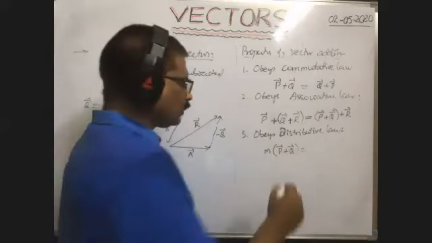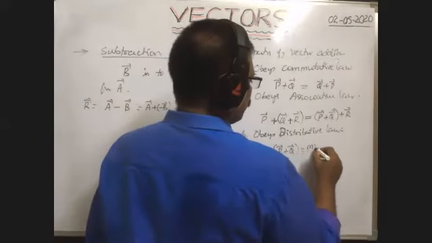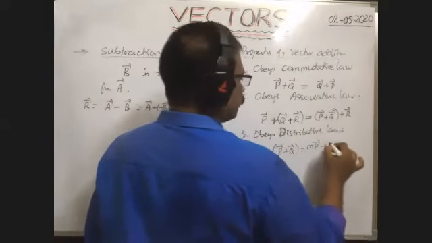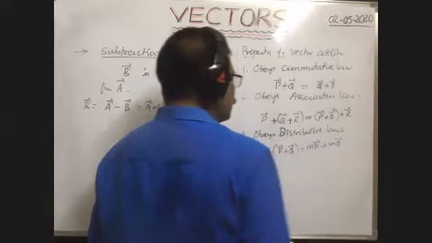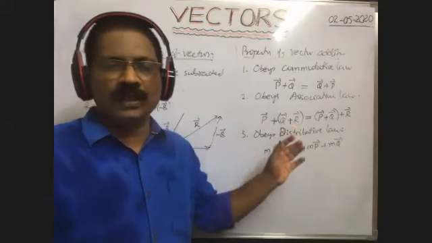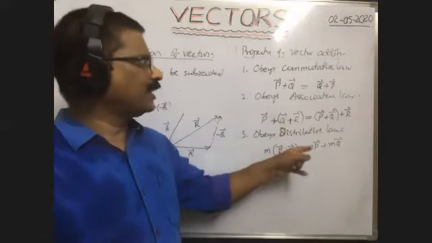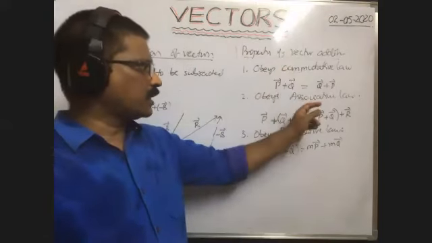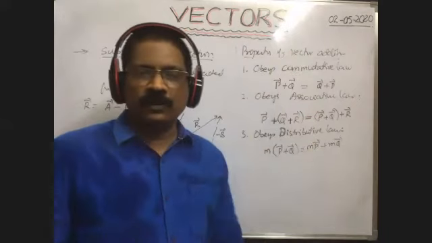So we can write M into P bar plus M into Q bar. This is nothing but the distributive law. So vector addition obeys commutative law, associative law, and distributive law.